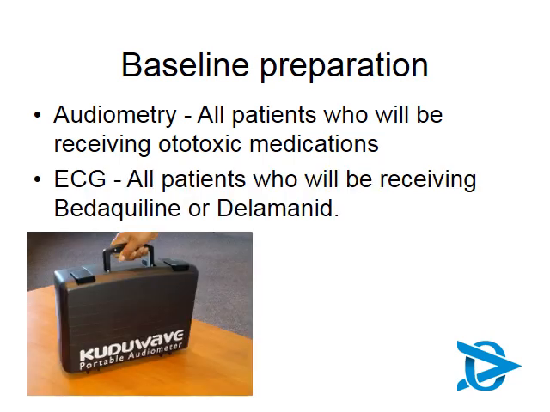And then lastly, patients who will be on bedaquiline or delamanid, and now in the new regimen, also patients on clofazimine, will need an ECG to look for the QT interval. All of the ways of interpreting these results and following them up will be covered in a lot more detail in our presentation on the side effects of DRTB treatment.